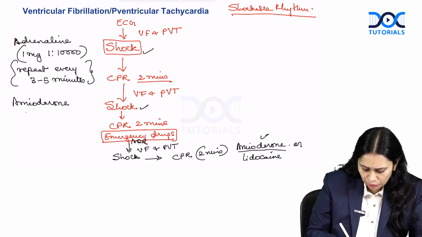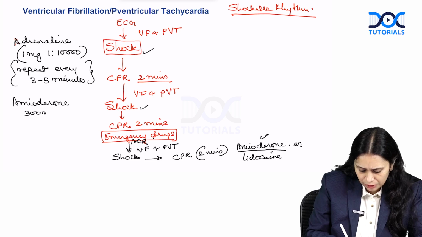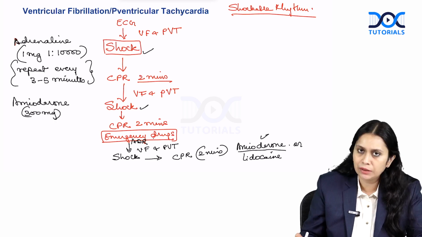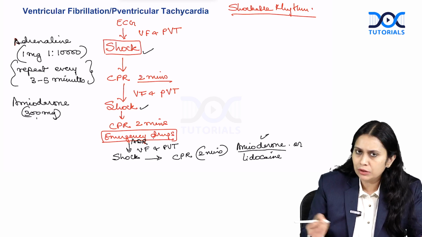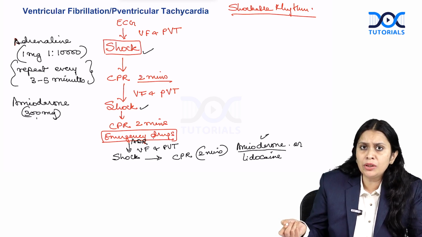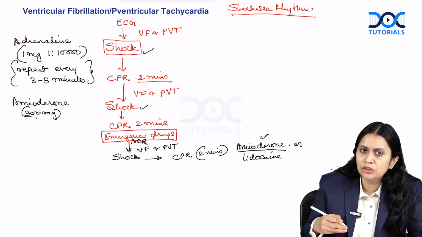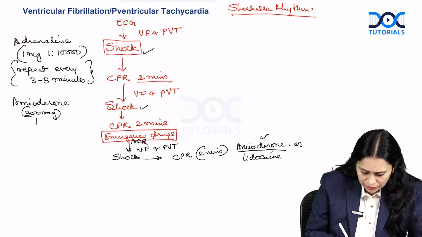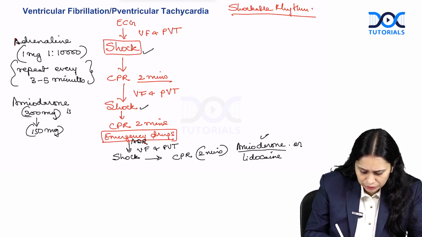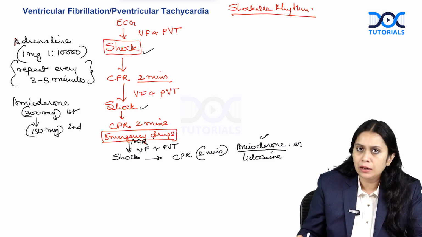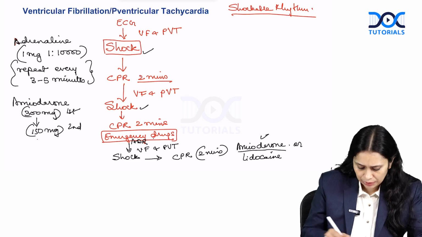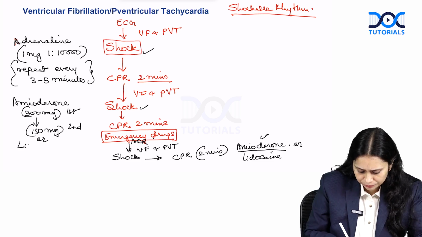So amiodarone, what is the dose? We give 300 milligram of amiodarone as the first dose. The antiarrhythmic dose of amiodarone is 150 milligram, but the cardiac arrest dose is 300 milligram. And we can repeat it with 150 milligram as the second dose. If amiodarone is not available, then I can use lidocaine.